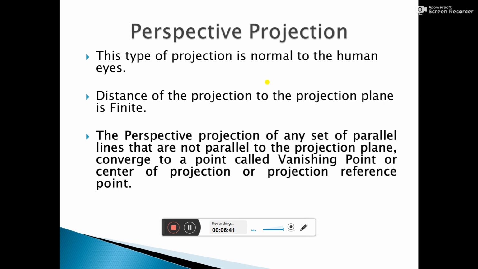The perspective projection of any set of parallel lines that are not parallel to the projection plane converge to a point called the vanishing point, center of projection, or COP, or projection reference point. In perspective projections, the parallel lines meet in one point. This point is called the vanishing point. Otherwise, center of projection, in short COP, or projection reference point.